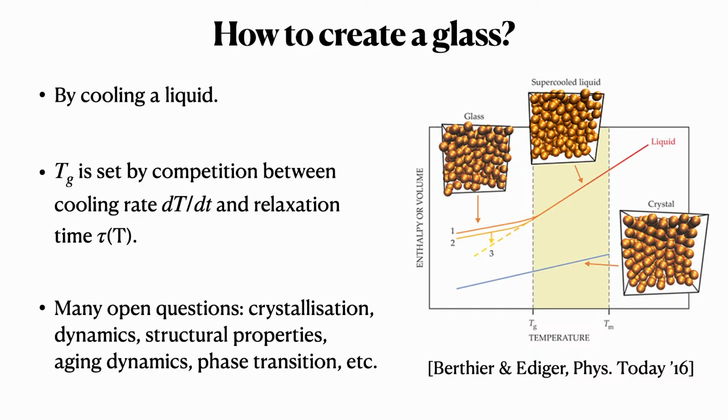Glass also has a property called dynamic heterogeneity, where near the glass transition temperature the regions in the system have different dynamics, some particles are fast, some are slow. There are also many other things to characterize, like the aging dynamics, or whether this is a true phase transition.